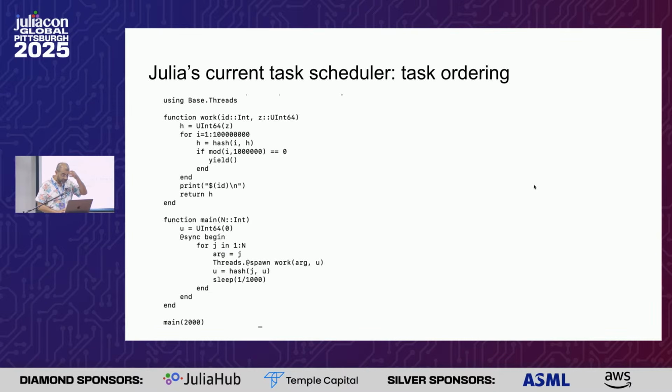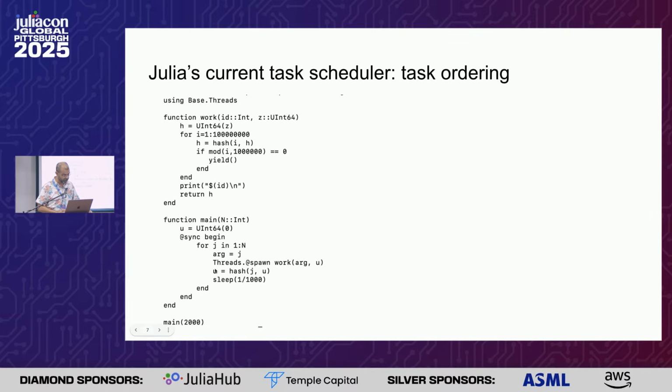So for people who were at my last talk, this is sort of familiar. Perhaps it's the exact same benchmark where we have a worker function that's just doing a bunch of busy work, hashes, and periodically yielding. And then it prints its completion sequence running number.